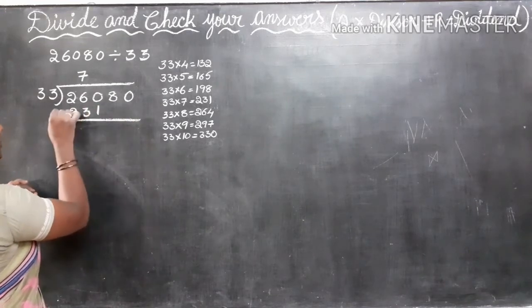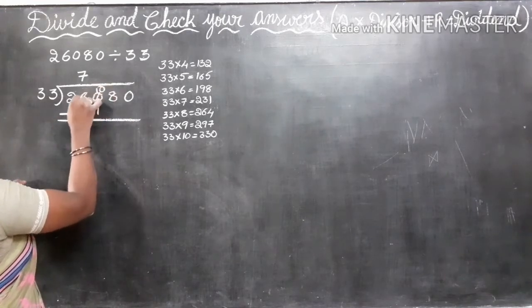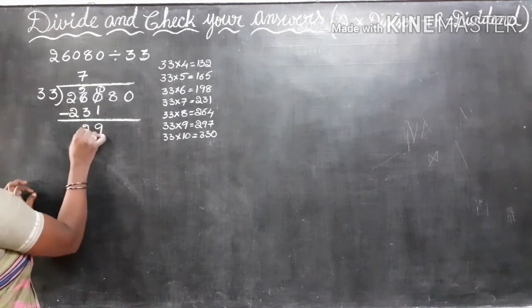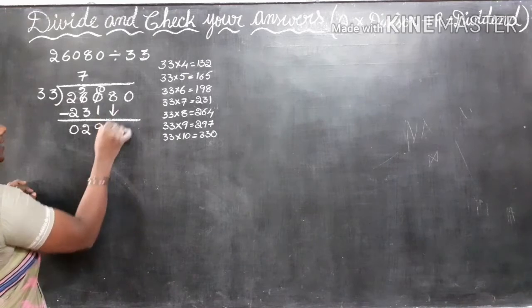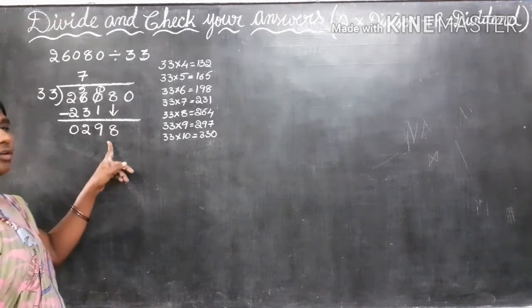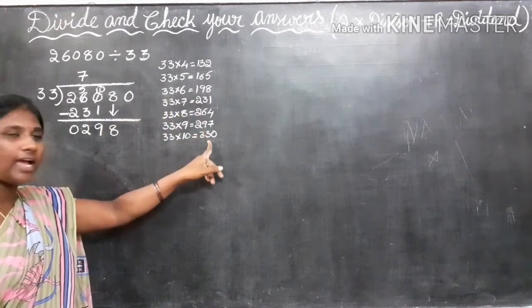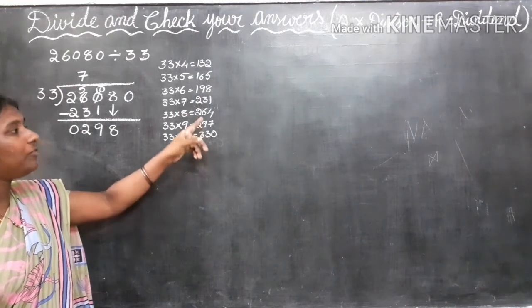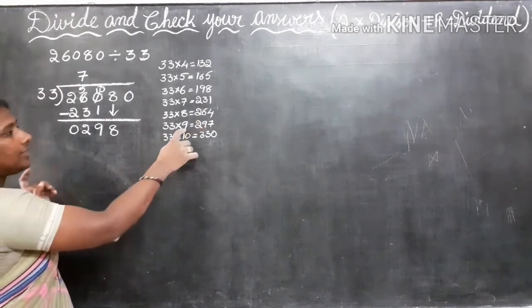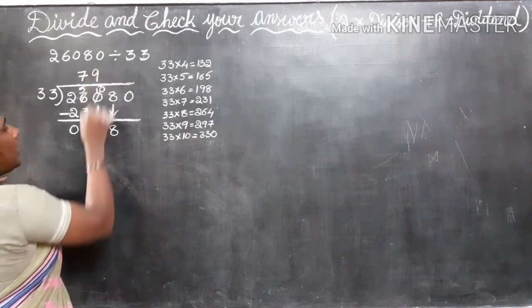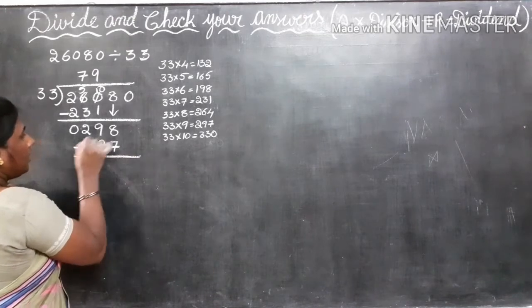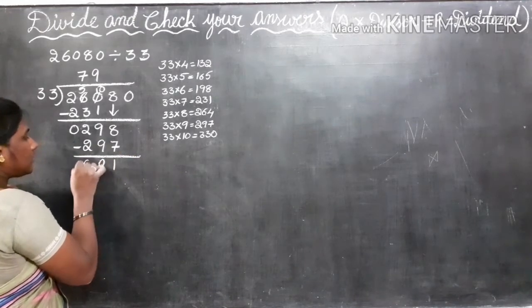231. Here 10, here 5. 10 minus 8, 1, 9. 5 minus 3, 2. Here 0. Again take 8, 298. Now more than 298, where will it be? 330. But we do not take the larger number. Before, what is here? 33 nines, 297. 8 minus 7, 1, 0, 0.